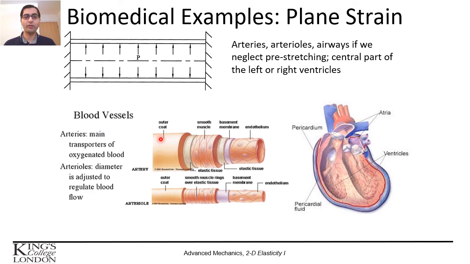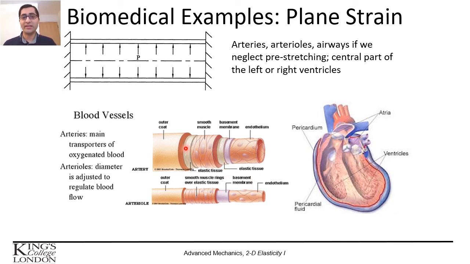So basically, the blood vessels are very long, tube-like, multi-layer structures, and layers of muscles around the vessels control the expansion or shrinkage of the diameter of the blood vessel, controlling blood flow and blood pressure.